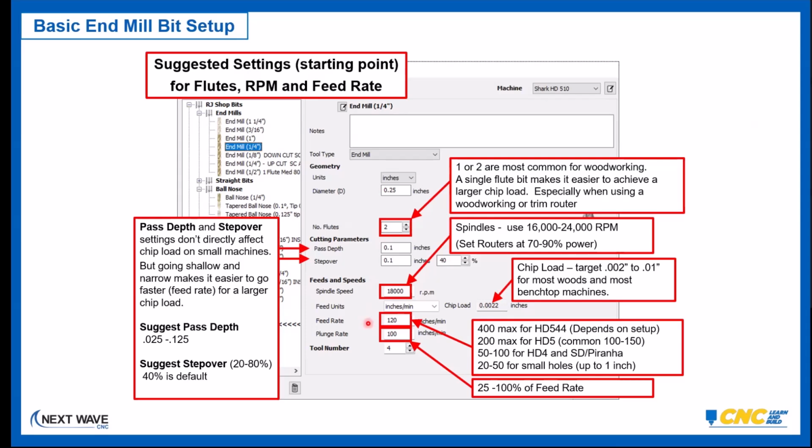None of these other sections affect it. Everything else here that we set up affects the load on the spindle or the load on the drive motors, but does not affect chip load. They can help chip load, but they don't change the number. And a good case in point is pass depth and step over.